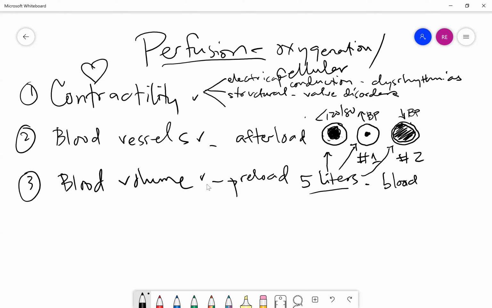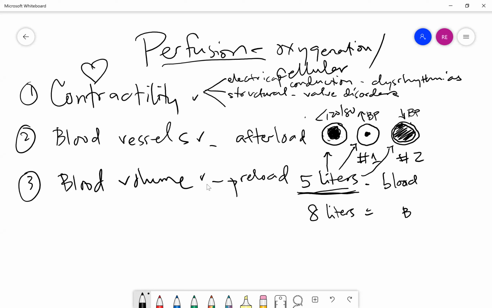Any questions so far on the 3 elements? All right, I forgot the blood volume. So if normal blood volume is 5 liters, what happens to blood pressure if we increase it to 8 liters?